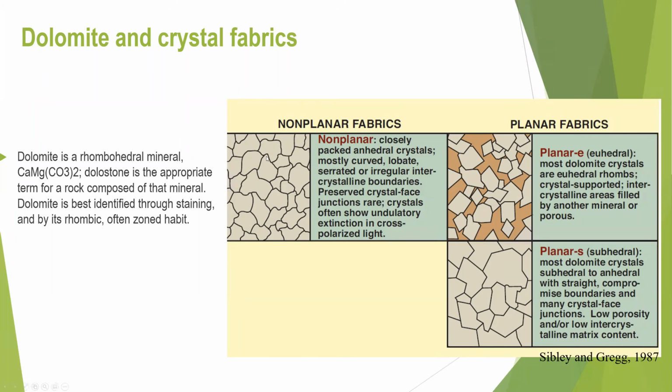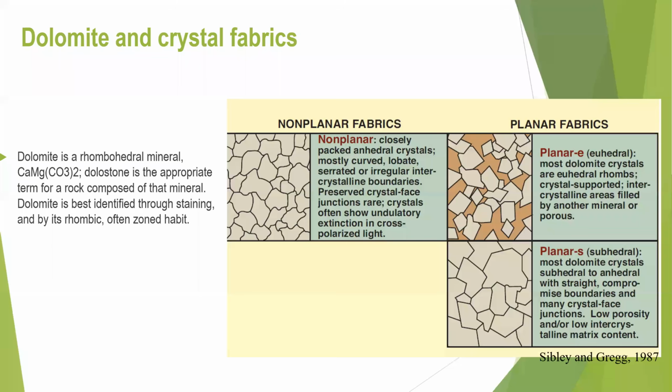I wanted to mention that if we have anhedral crystals without shape, we can say this type of dolomite is non-planar. If we can see the rhombs of the dolomite, we can say that they are crystalline or euhedral dolomites, or planar-e dolomite, and planar-s are actually packed.